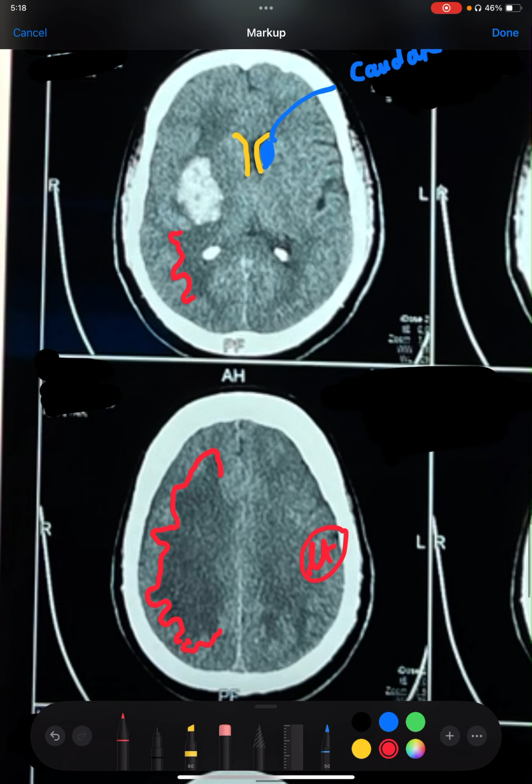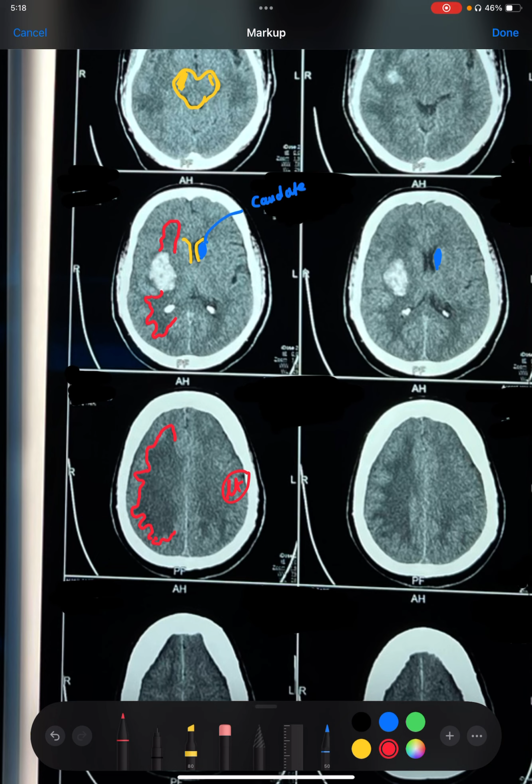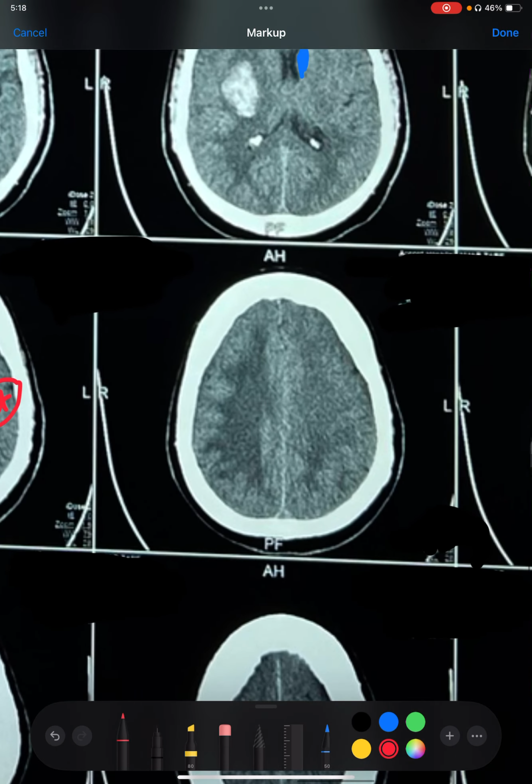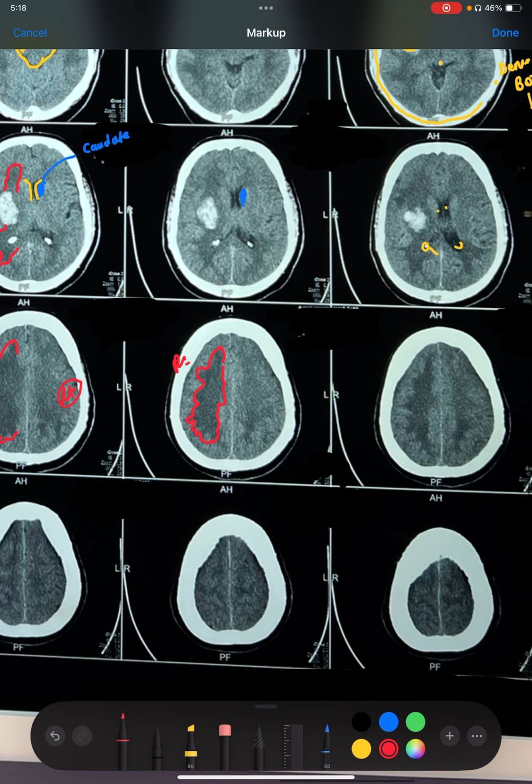This is very sharply demarcated edema. This is all the edema around this bleed. Just compare these two brain fields, this is the right, this is the left. See, there is so much dense black appearance around the bleed. This is typical of edema. Here also we can very easily see it.